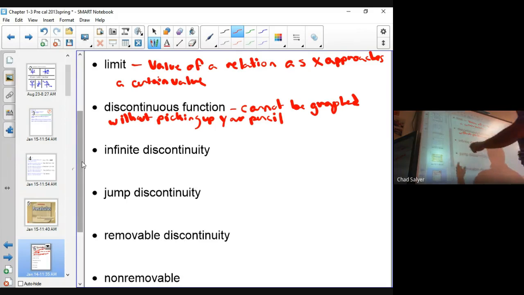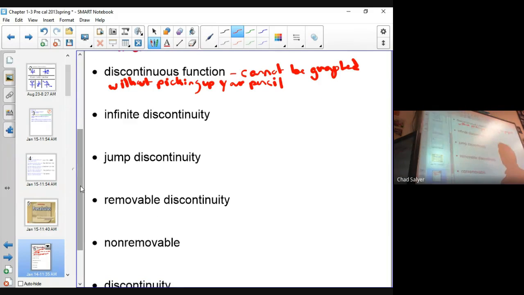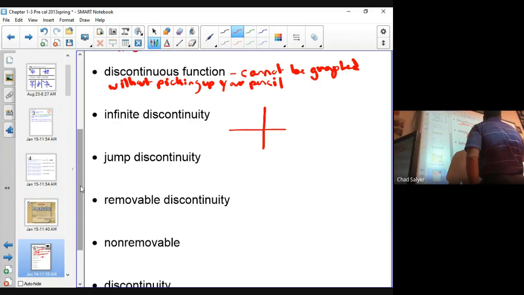And then an infinite discontinuity, a jump discontinuity, and a removable discontinuity. So these are three ways that a function might be discontinuous. We talked about having to pick your pencil up when you're graphing it. So these are three ways that might happen. So an infinite discontinuity means the function goes to positive or negative infinity, or both, around a certain x value.